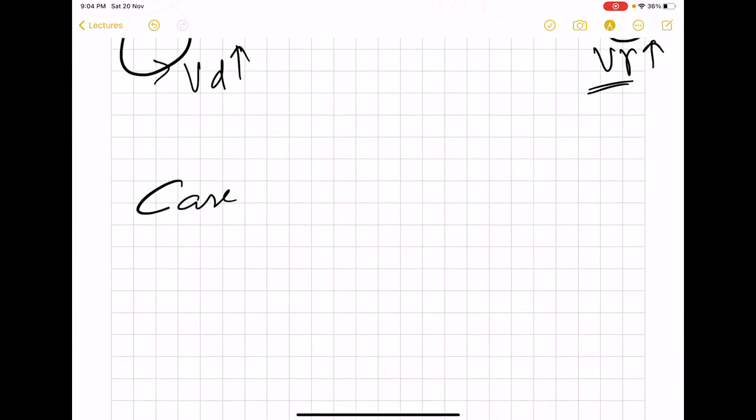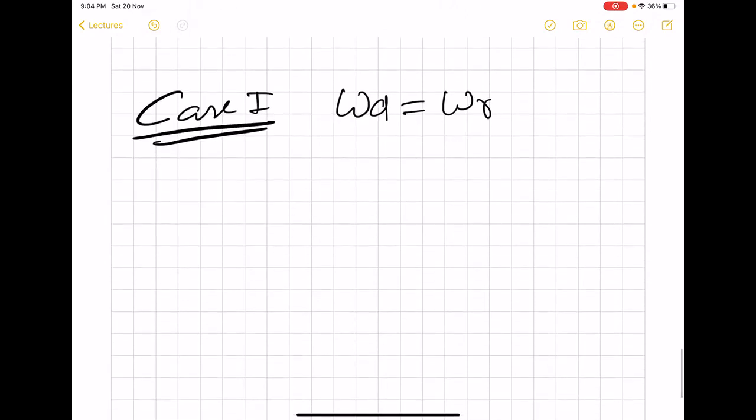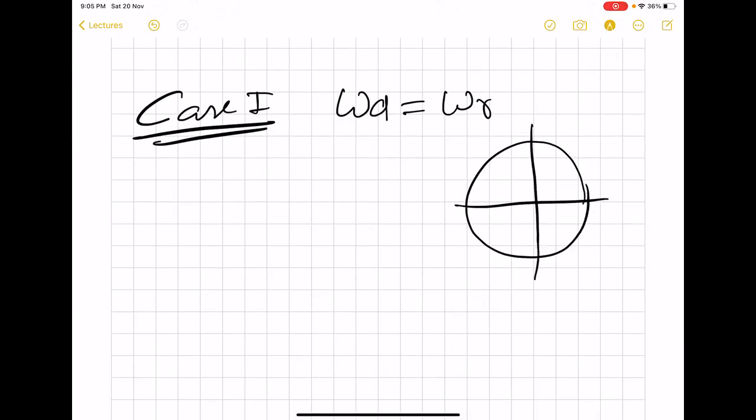So first we will talk about case 1 where the frequencies are equal, but then there is a slight phase mismatch between the two signals. So as usual, we will first consider the case when VR is here.